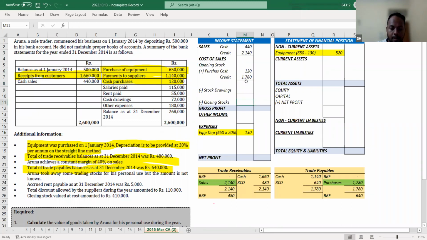Total purchases 1,900. Total sales 2,580. Okay, right. Let's move to the next item.